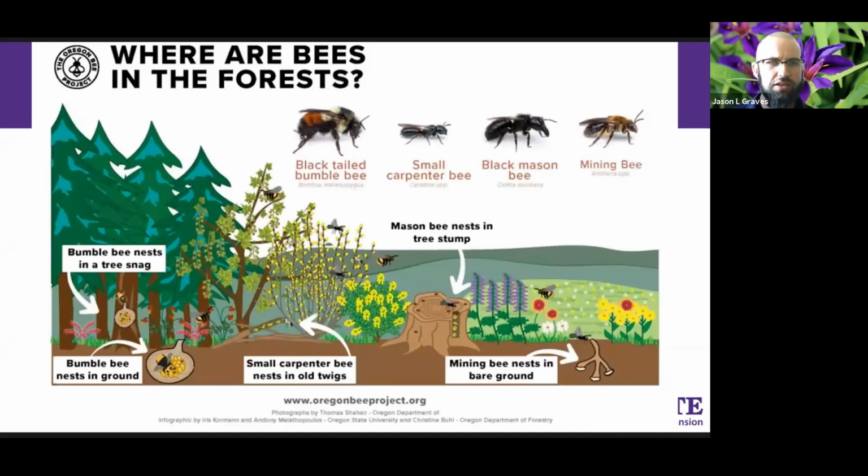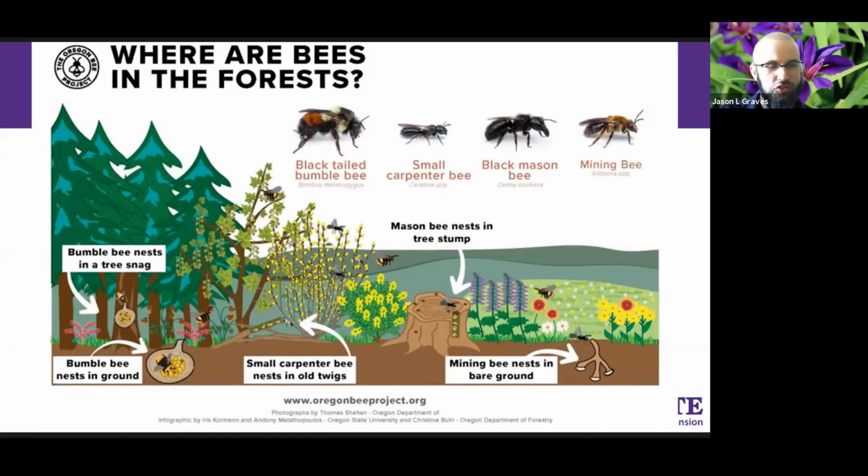I sort of like this graphic from the Oregon Bee Project that highlights that just in picture form. Where are the native bees, right? You can see we've got bees that are going to be in the ground nesting bees. We've got bees that are going to be in stumps and wood. We've got bees in stems.